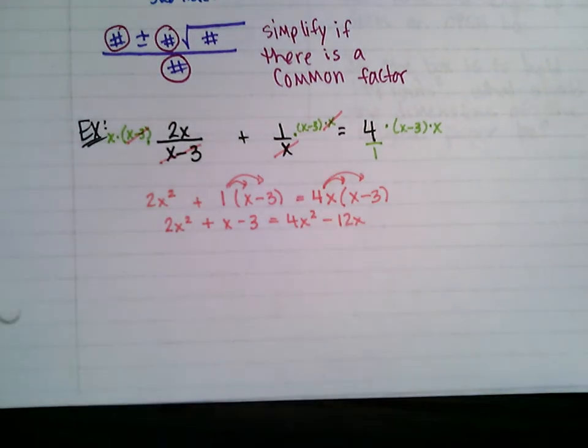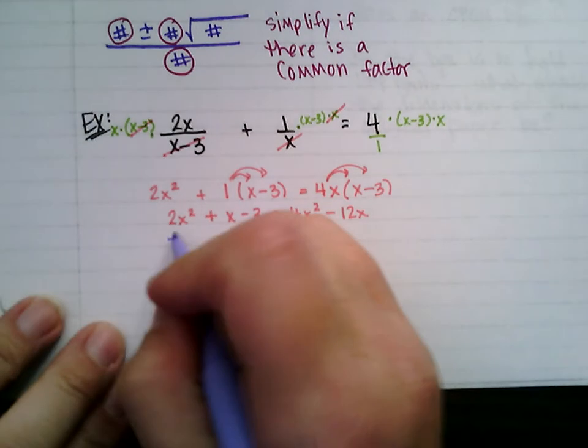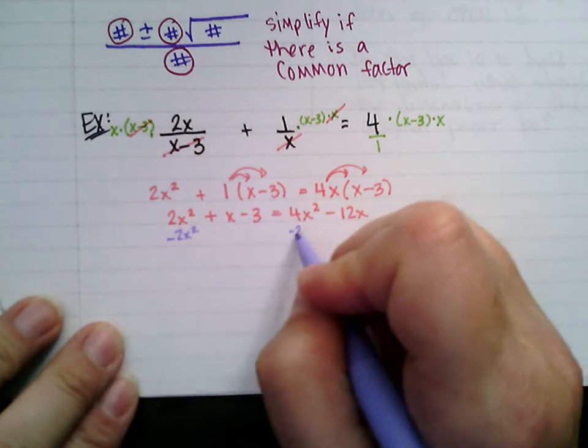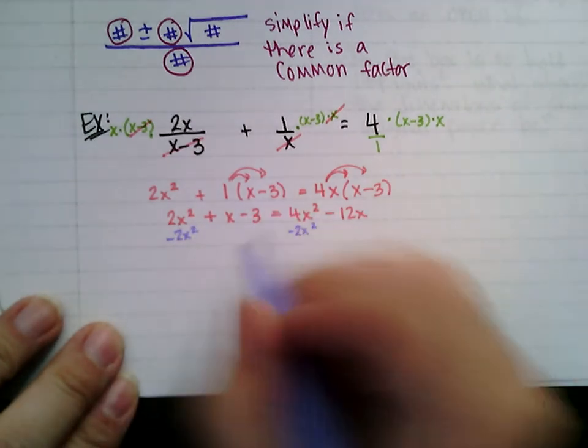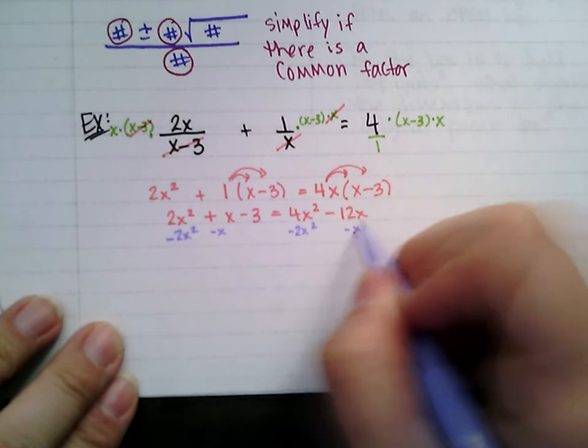And then I want to get this in standard form, which means everything's going to be on one side of the equal sign with a 0 on the other side. It is really preferable that you start out with a positive leading coefficient. For that reason, I am going to move my 2x squared over to this side, which means I have to move everything over to this side.